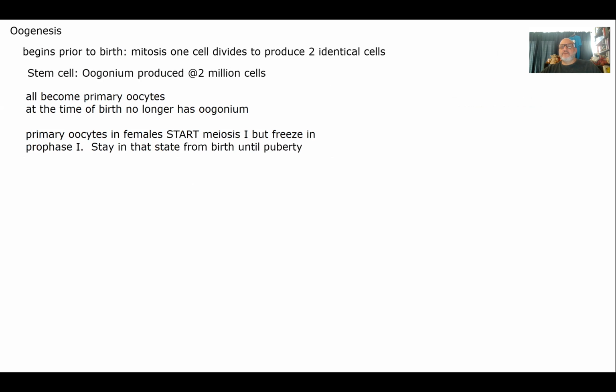All right, so again, we have this oogonium. It undergoes mitosis, divides to produce 2 cells, and ultimately all of the cells that are produced become primary oocytes.